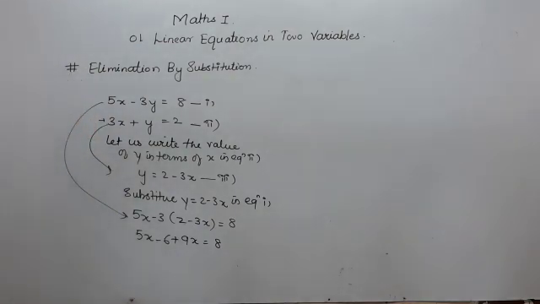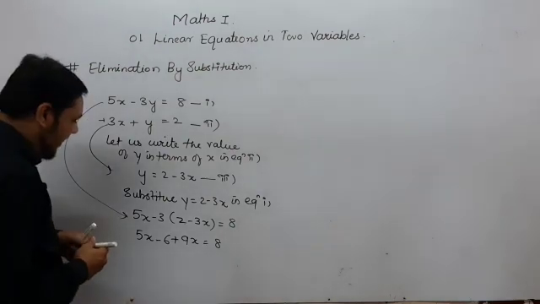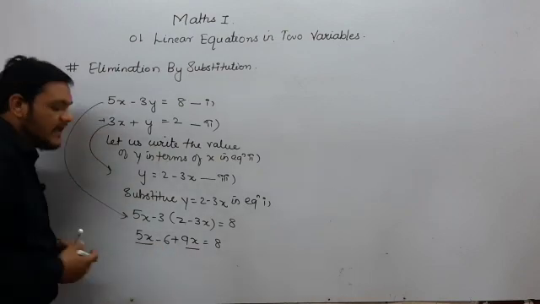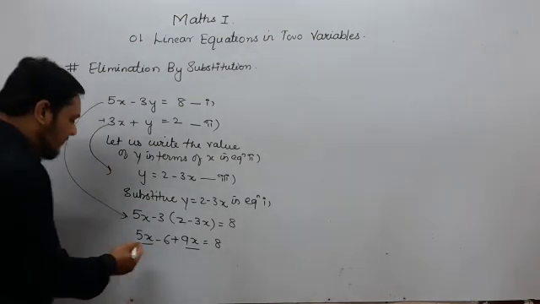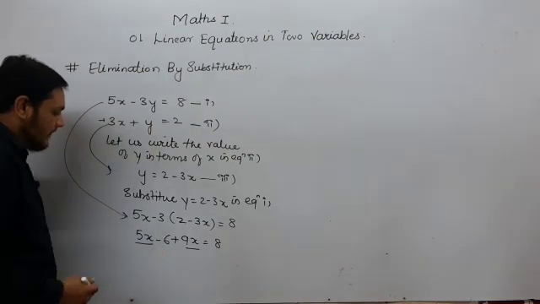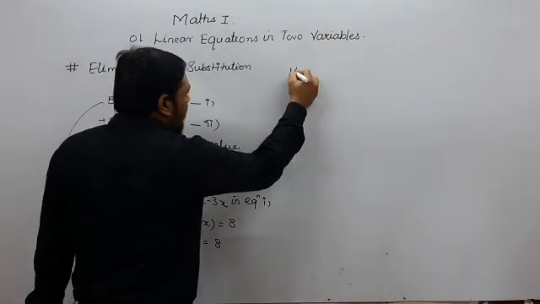Now observe this equation. What will you do next? You are getting the value of x, but for that, 5x and 9x are like terms, so you add them. 5x plus 9x is 14x.